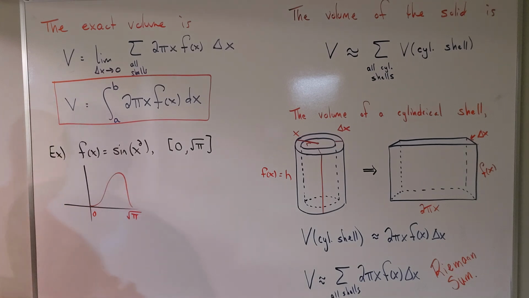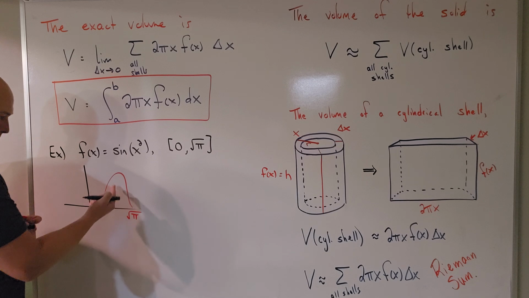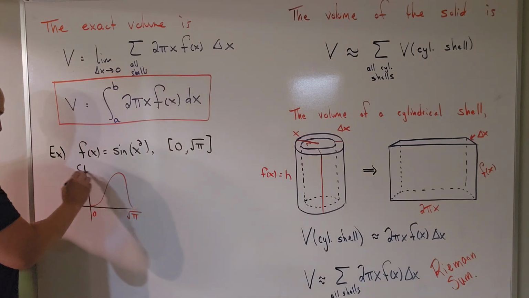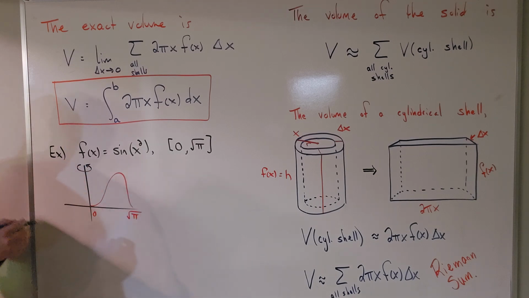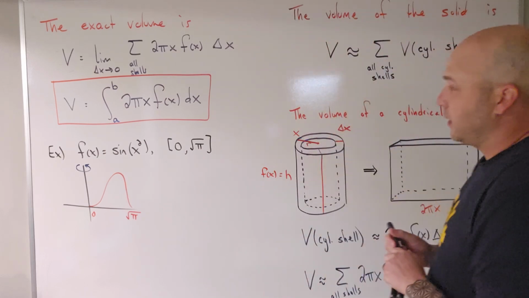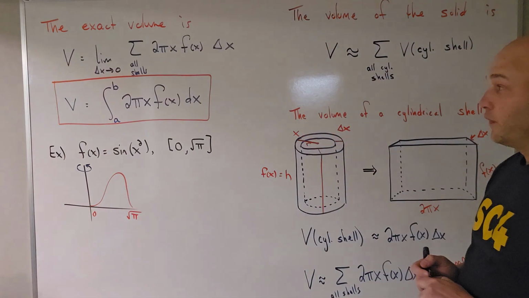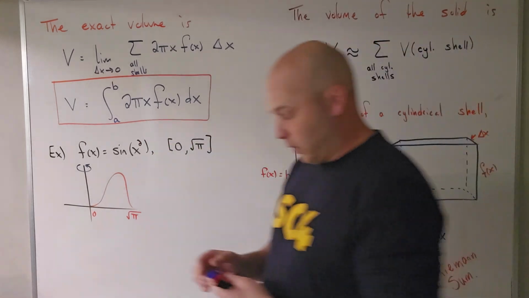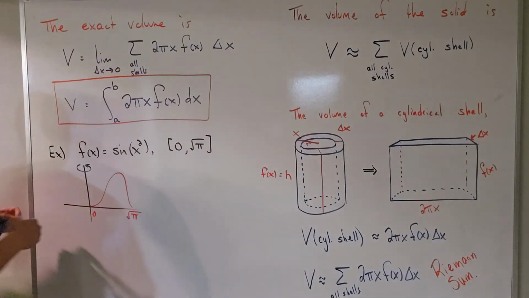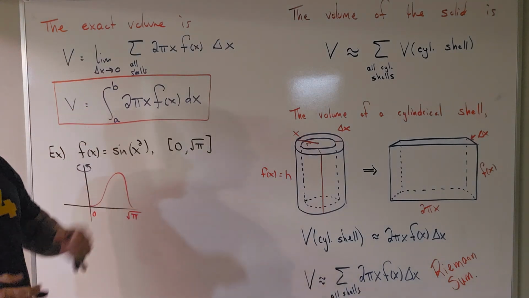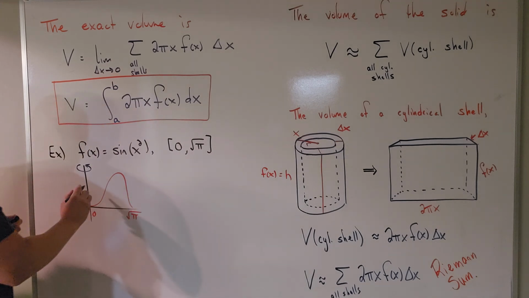Okay, so let's see how this works. So again, I take the area bounded by the graph and the x-axis from 0 to the square root of pi. I spin that about the y-axis to create this three-dimensional solid of revolution, and I can compute the volume using, again, the shell method. Well, what I like to do is put in a typical schematic diagram for what it would look like if I was to put a shell in here.